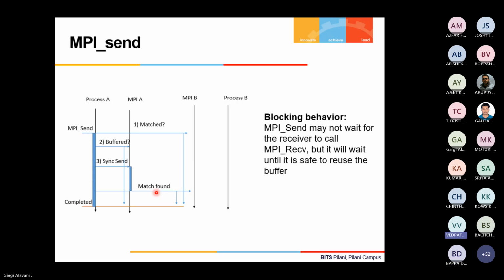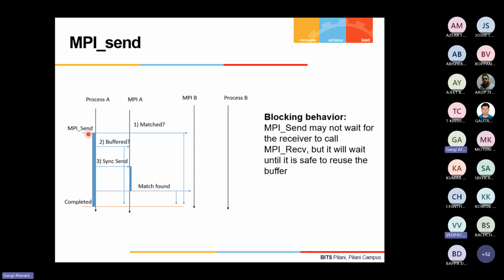It must be waiting until the message is consumed at the receiver side, so it gets blocked till somebody reads it. Yes, so that's the confusion I want to clarify before we move to the example. It is not blocked till the receiver receives it. It is only blocked till it gets buffered.